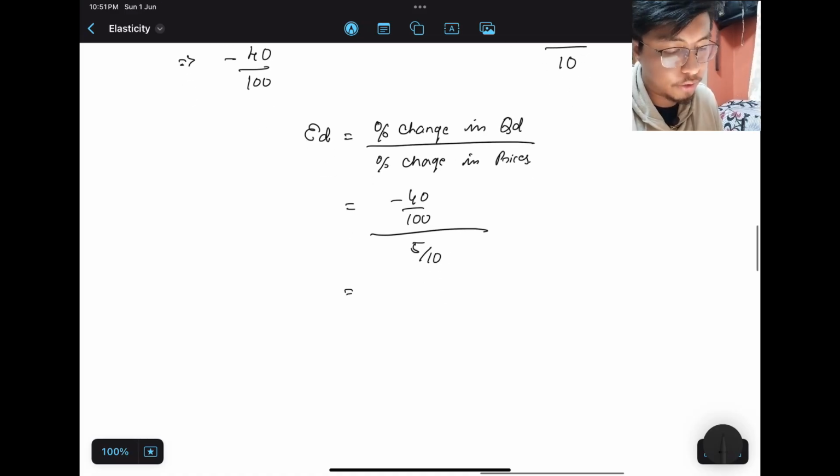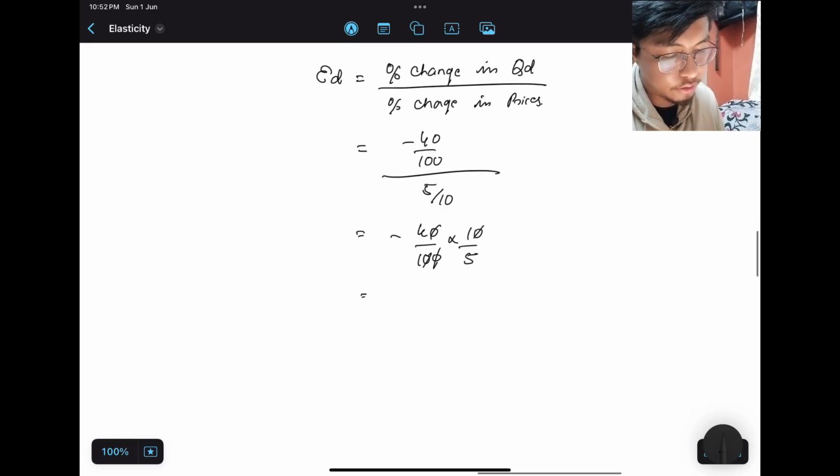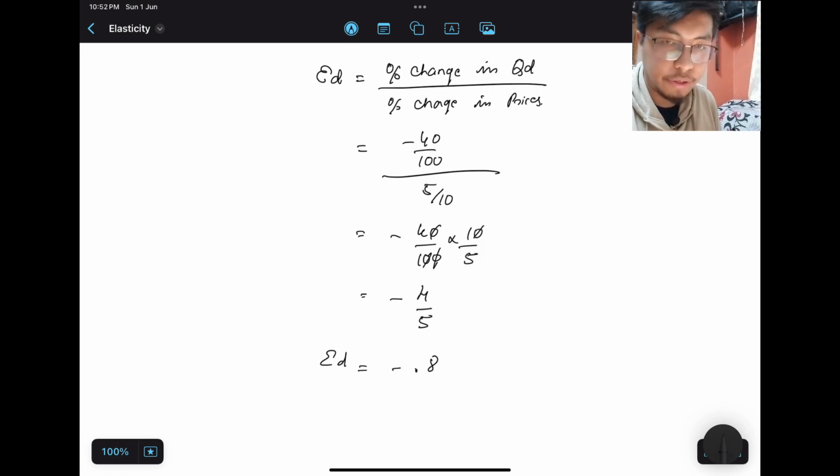So when you solve this, you get minus 40 upon 100 into 10 upon 5. So you are left with minus 4 upon 5, which comes to minus 0.8. So price elasticity of demand is negative 0.8.